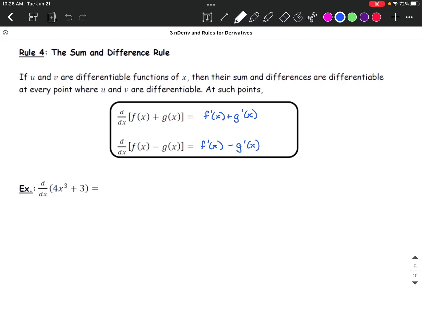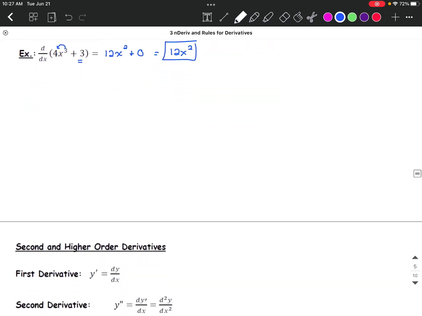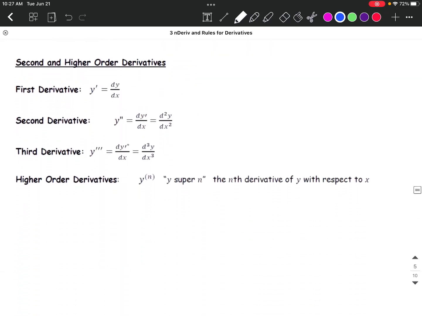So if I want to take the derivative with respect to x of 4x cubed plus a constant, I'm going to do 4 times, bring down that exponent, 4 times 3 is 12, keep the x, 3 minus 1 is 2, plus, now I have a constant, the derivative of that constant is 0, so my final answer is 12x squared. All done.